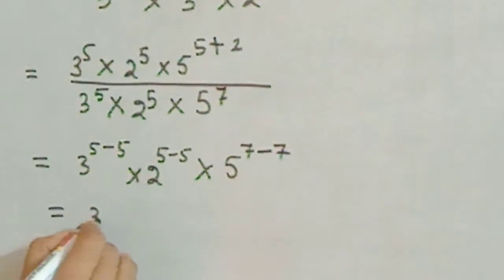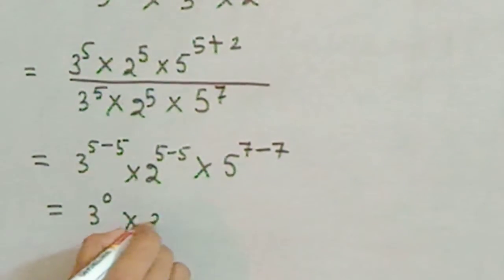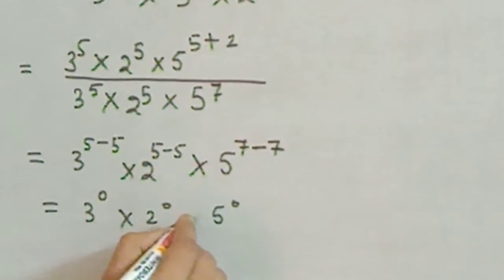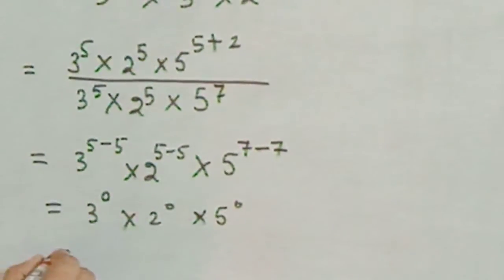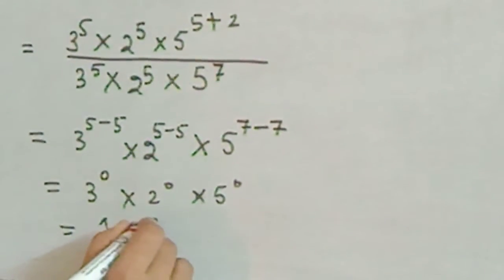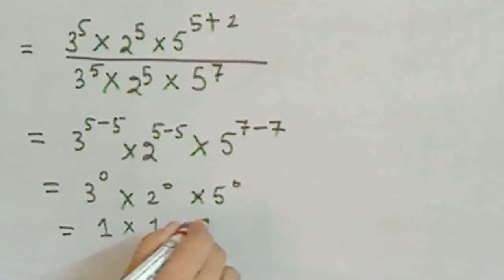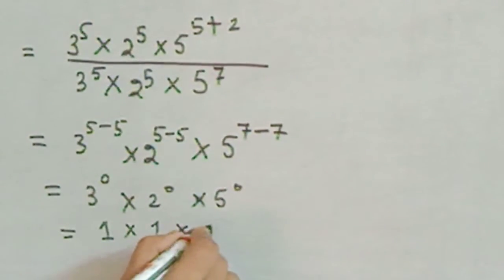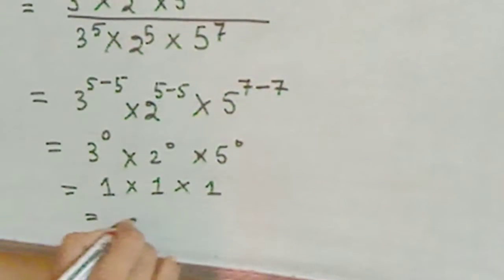What can I see? 3 to the power 0 into 2 to the power 0 into 5 to the power 0. So when all the numbers are in the form of power 0, 3 to the power 0 is equal to 1, 2 to the power 0 is equal to 1, into 5 to the power 0 also equal to 1. So 1 into 1 into 1, answer is 1.